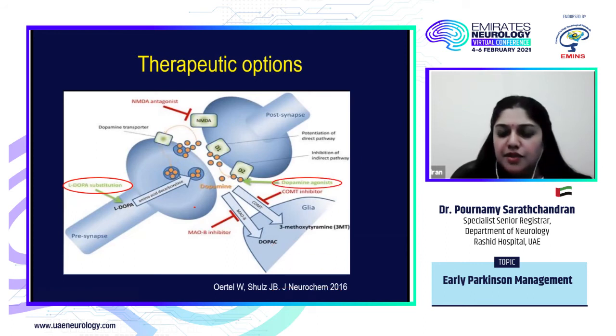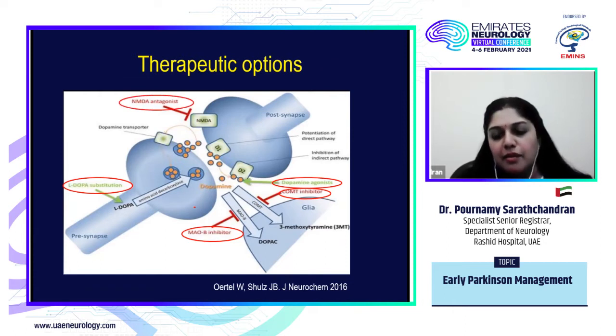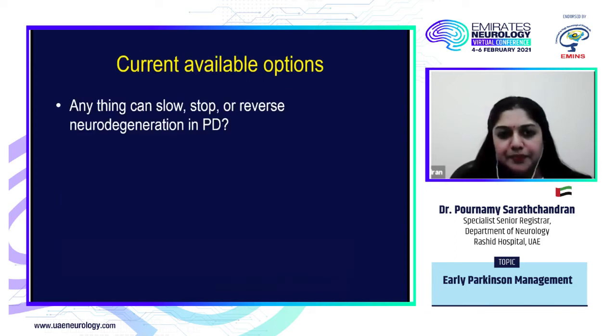Second, you can substitute in the form of dopamine agonists, or we can increase the synaptic dopaminergic levels by inhibiting the metabolism of dopamine, by giving enzyme inhibitors, which include the monoamine oxidase inhibitors or the catechol-O-methyltransferase inhibitors. Not just dopamine receptors, but NMDA receptors also have some effect. So blocking the NMDA receptors will have some effect on the motor symptoms as well.